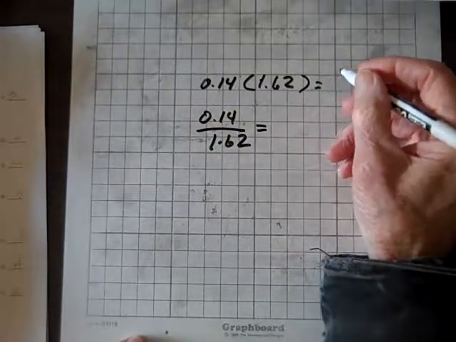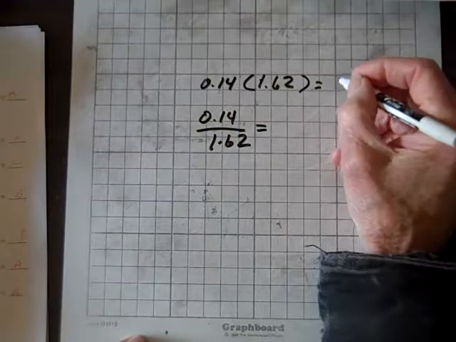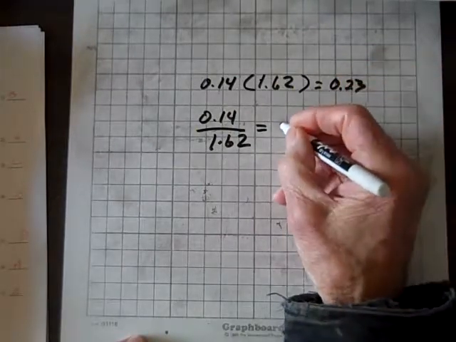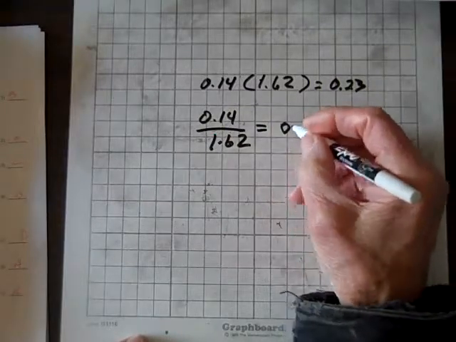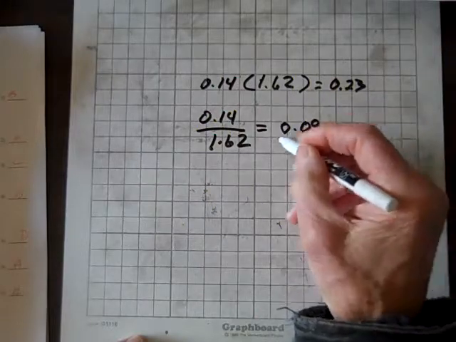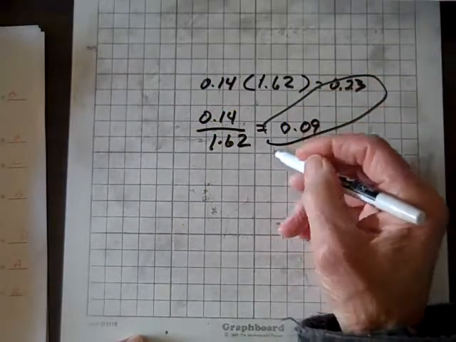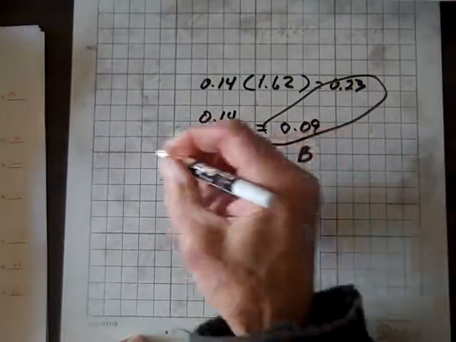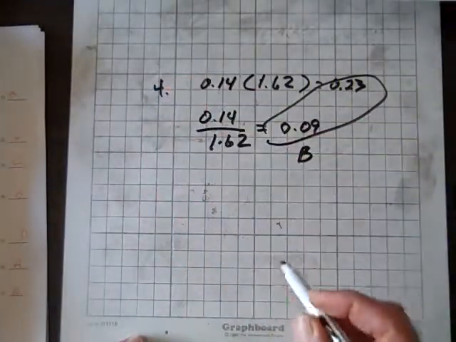And when we do that, we get 0.23 or 0.09 when we round. And so I think that option is B. And by the way, this is 4.